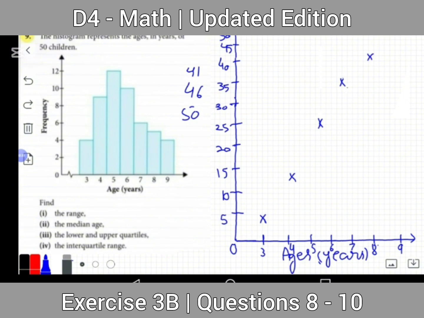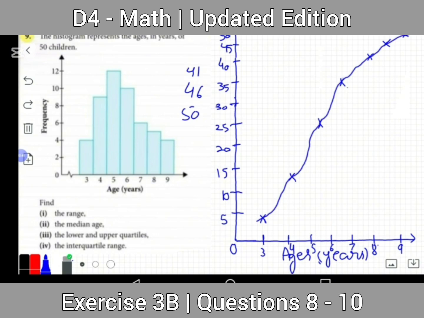For the class interval 7 to 8 we have the cumulative frequency 46, and for the class interval 8 to 9 we have the cumulative frequency of 50. Now we will join these crosses with a smooth curve. This is the required cumulative frequency curve.